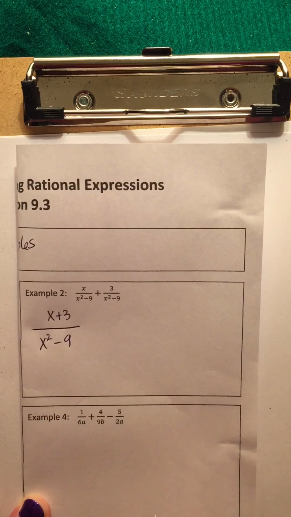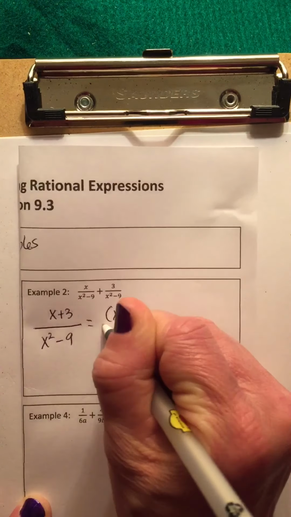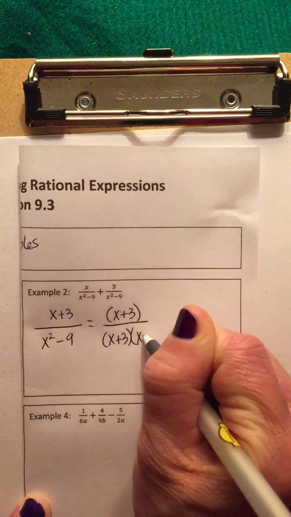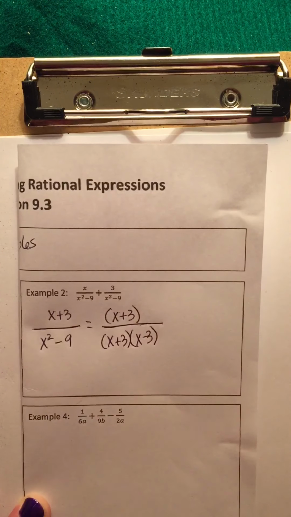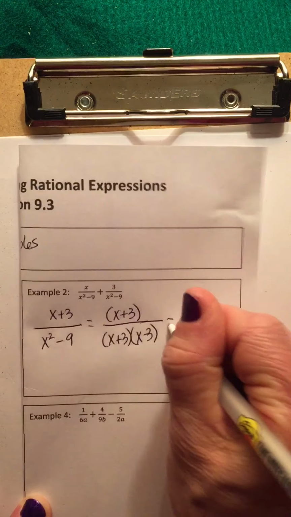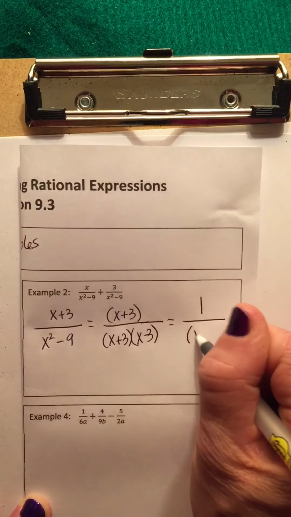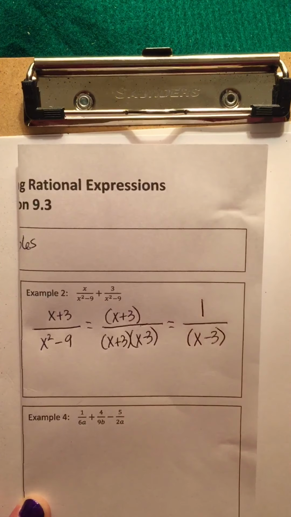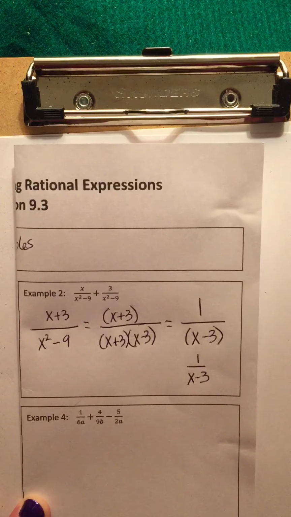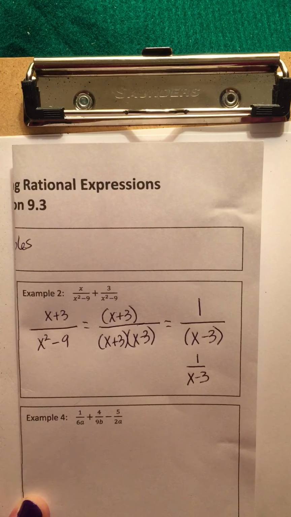X squared minus 9 factors, so we're going to write x plus 3 as our numerator, divided by x plus 3 times x minus 3. X plus 3 divided by x plus 3 equals 1. In our numerator, we will have a 1, and our denominator is x minus 3. It's also acceptable to write 1 divided by x minus 3 without those parentheses in the denominator.